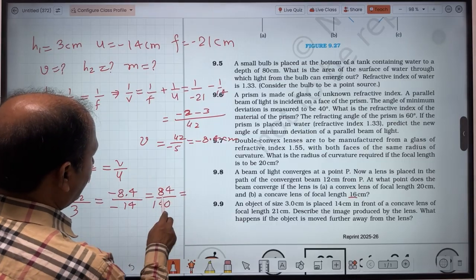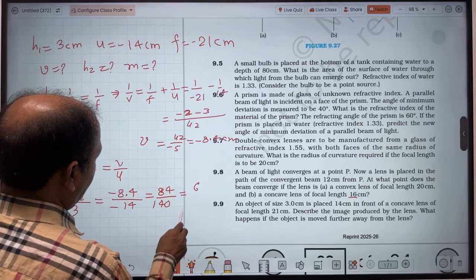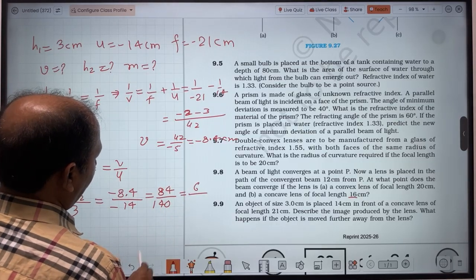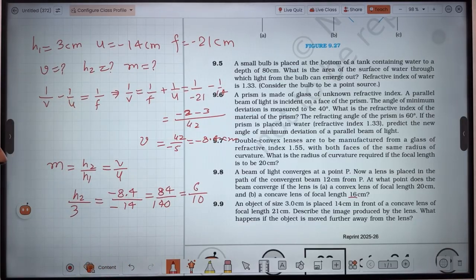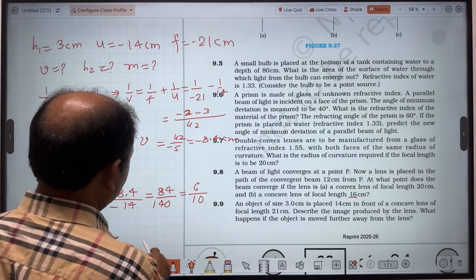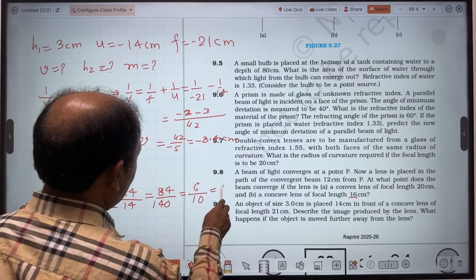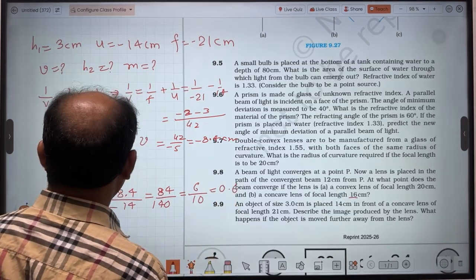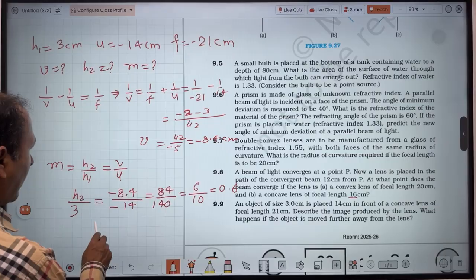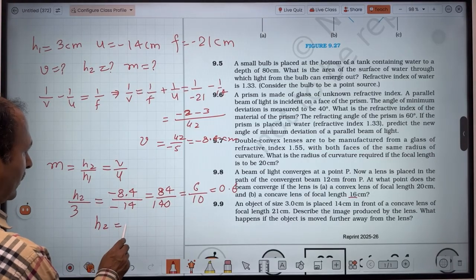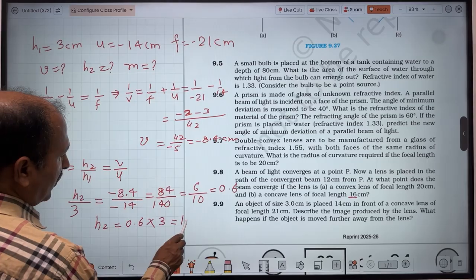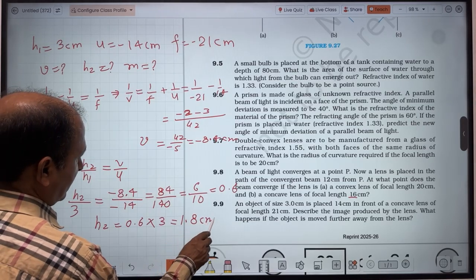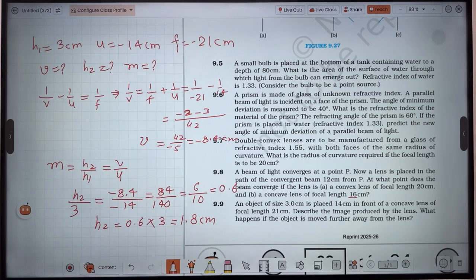So 6 divided by 10, or 0.6. So h2 will be equal to 0.6 into 3, which is 1.8 centimeter, right?